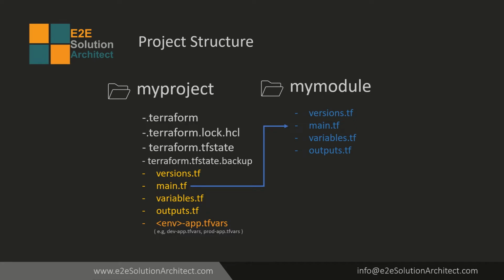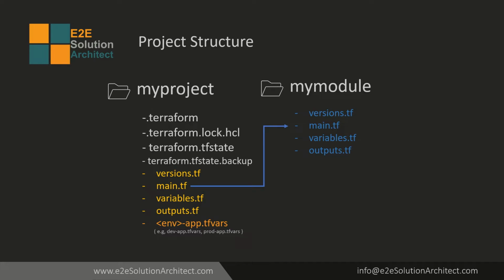Now you must know that in Terraform there is no provision for any fixed name format. Only the extension of the file matters, meaning your Terraform files should have the extension .tf. Here I have mentioned versions, main, variables, and output, these 4 files, but these names are not fixed.